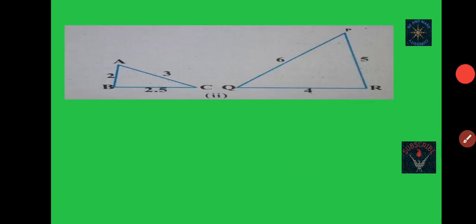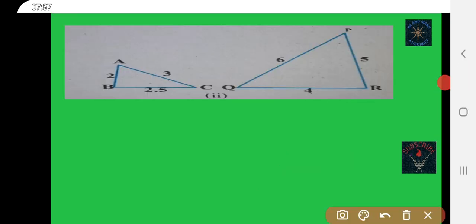Next, here you see three sides are given, so you can apply SSS. If they satisfy the SSS similarity criterion, then you can say they are similar.